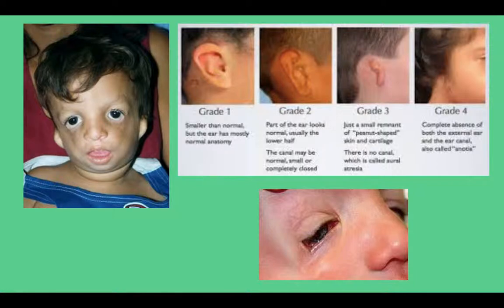The ear canal can either be normal or stenotic or atretic. For grade 3, it's deemed as the peanut-shaped ear, so completely closed, so an atretic ear canal. And then grade 4 being no remnants of a pinna and completely atretic ear canal.